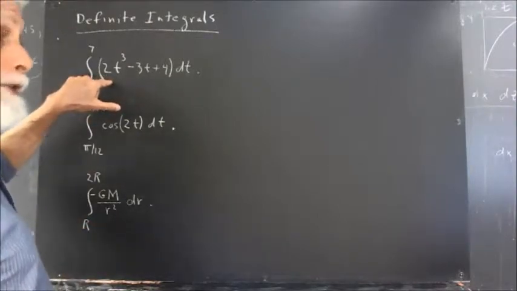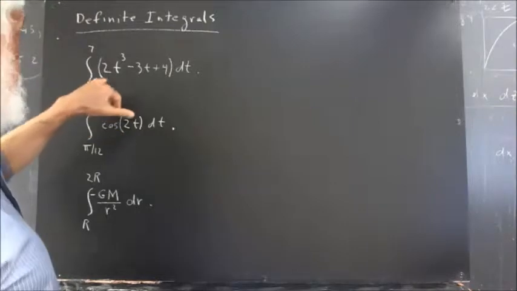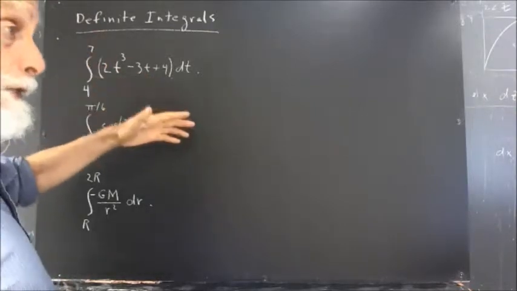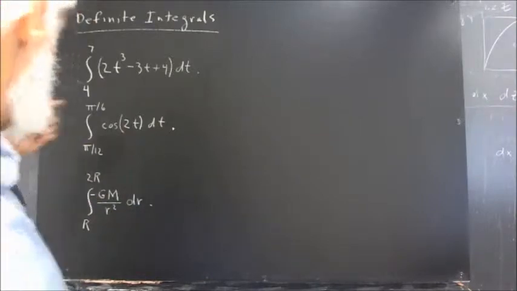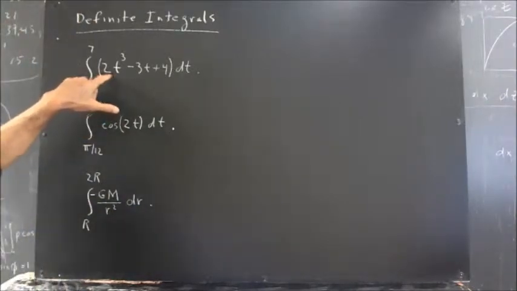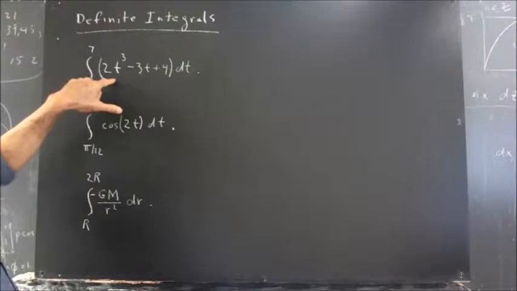So, what's our antiderivative here? Any antiderivative will do, so we're not even going to bother to put the constant on the antiderivative. An antiderivative of 2t cubed is t to the fourth over 2.